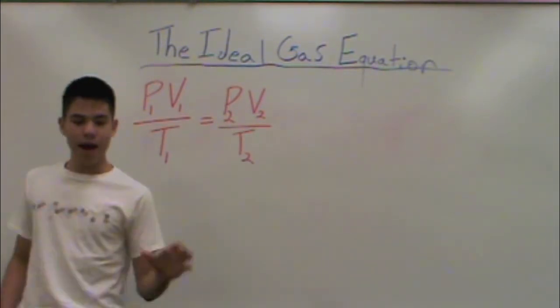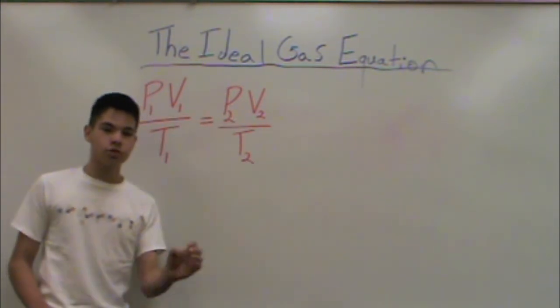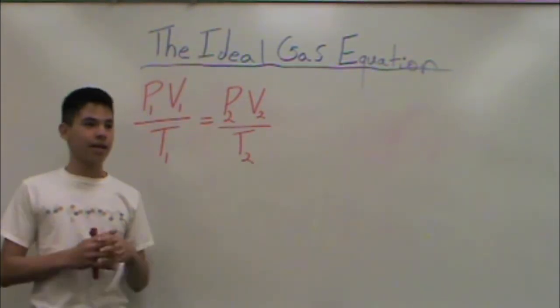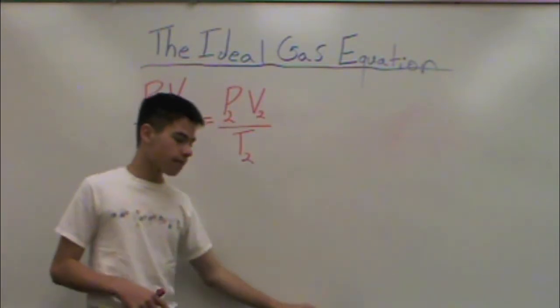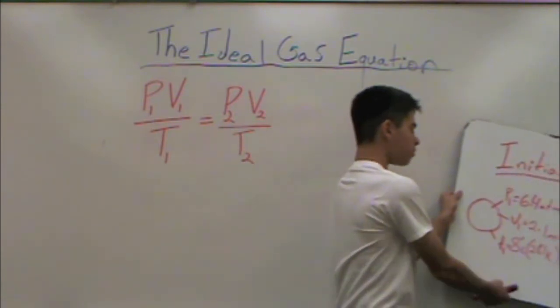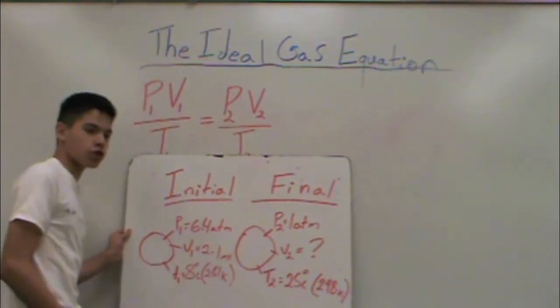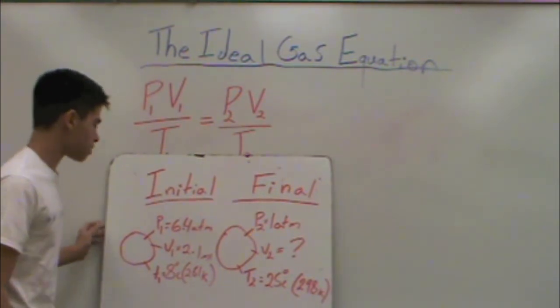So, we have this bubble that is under a lot of pressure at the bottom of the lake and is going to rise up to the top of the lake, and we should see its volume increasing. But to solve these types of problems, some people find it useful to draw a picture of your two bubbles.